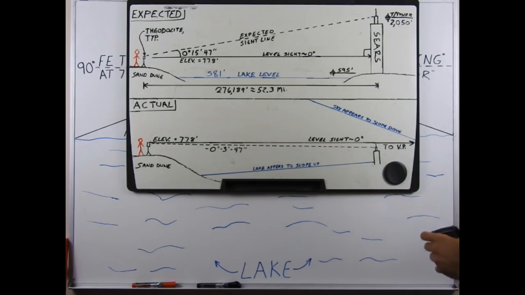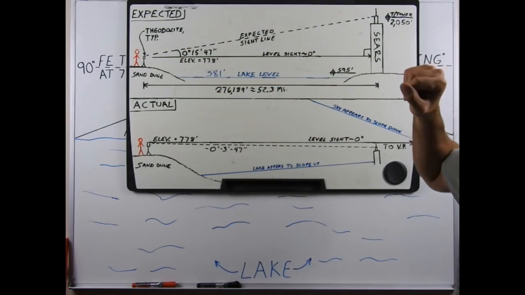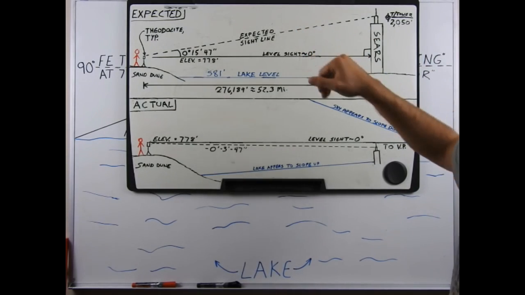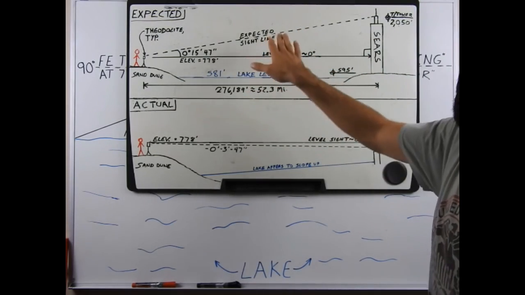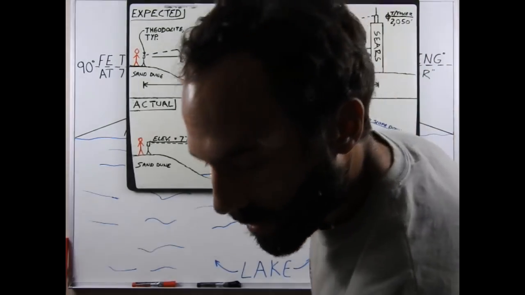We would also have our own perspective effects going on here. We would actually see the lake sloping up, but this is just an idea of how to visualize this calculation, how it was done. I've got the actual down here, but I'll talk about that in a minute.